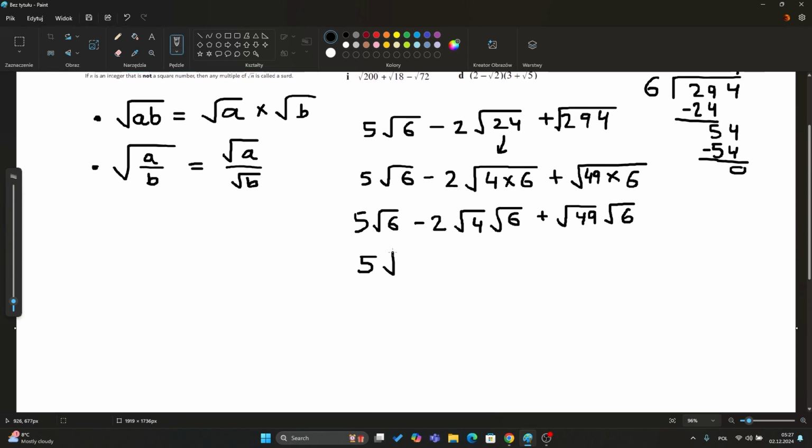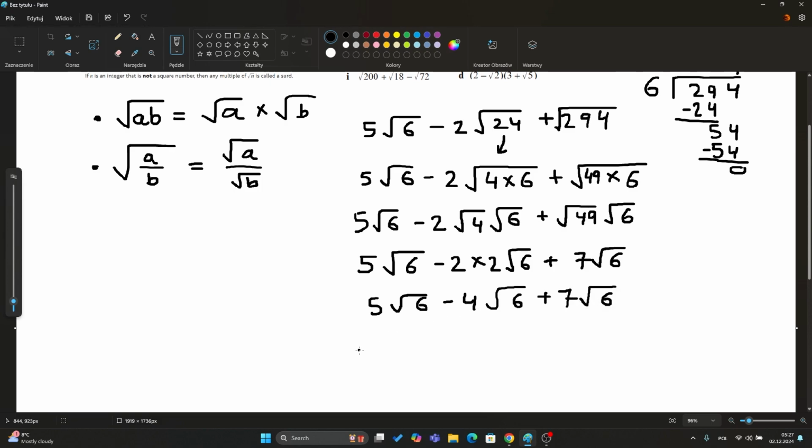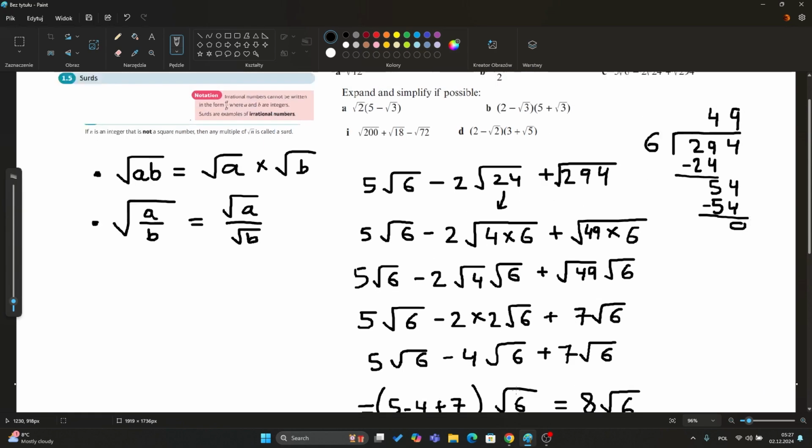Now if we tidy this together, 5 root 6 minus 2 multiplied by 2 root 6 plus 7 root 6, and 5 root 6 minus 4 root 6 plus 7 root 6 is the same as 5 minus 4 plus 7 of root 6's, and that would be 5 minus 4 is 1, 1 plus 7 is 8, so 8 root 6. This cannot be simplified any further, so it is 8 root 6.